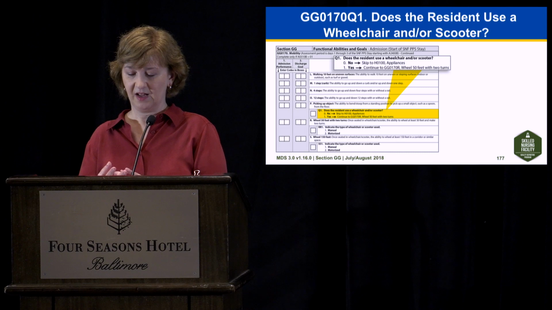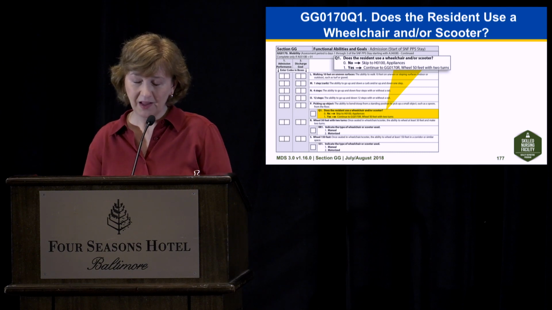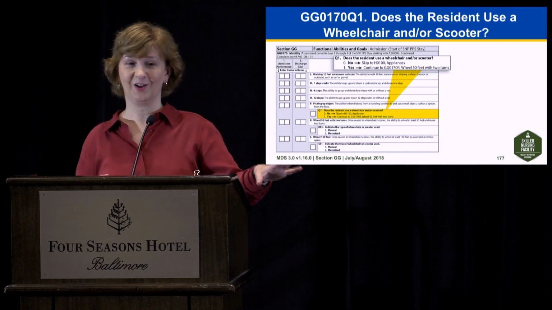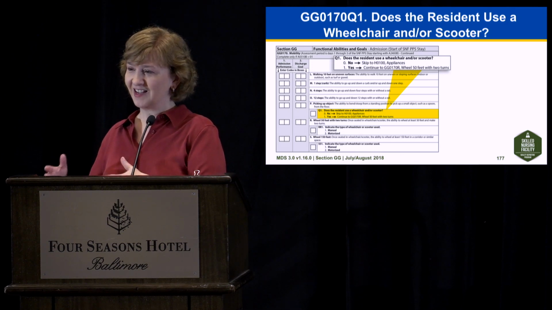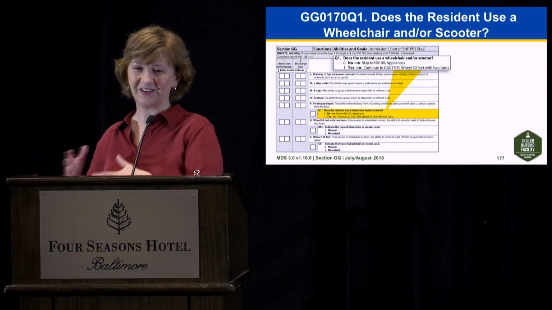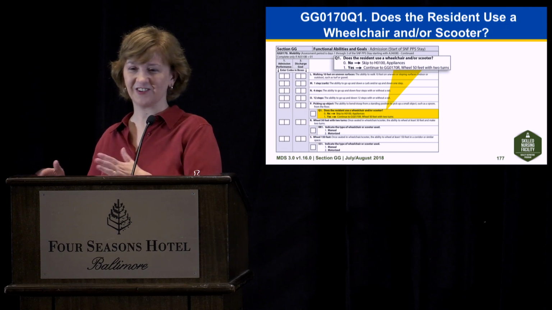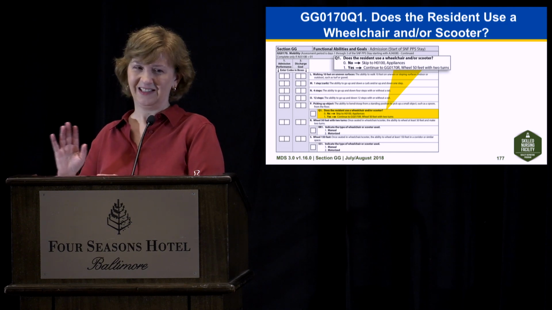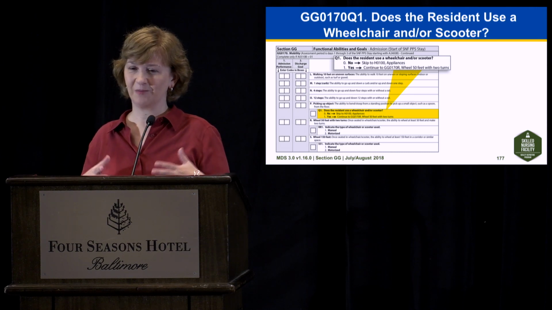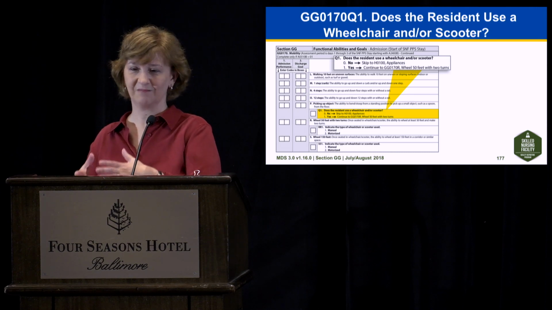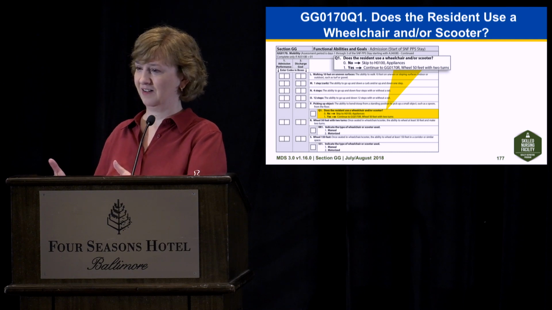If somebody is learning how to self-mobilize in therapy, definitely code wheelchair. If the person is just using it to get to therapy or get to the cafeteria or whatever for safety reasons, policy, you probably don't need to code this. This is really intended for people who are going to be using a wheelchair post-discharge in the community.